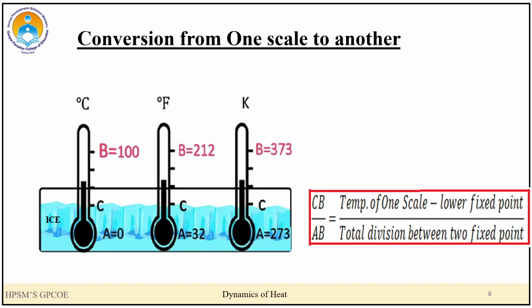So the standard formula used for these three thermometers is CB upon AB equals the temperature of one scale minus the lower fixed point, divided by the total division between two fixed points.